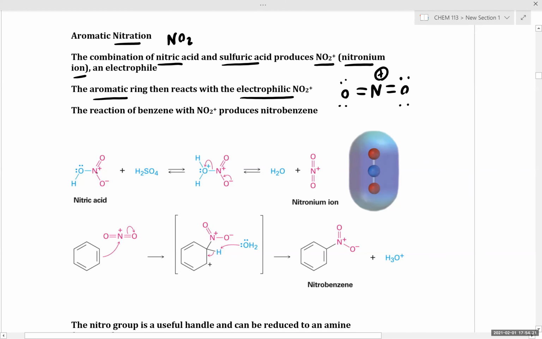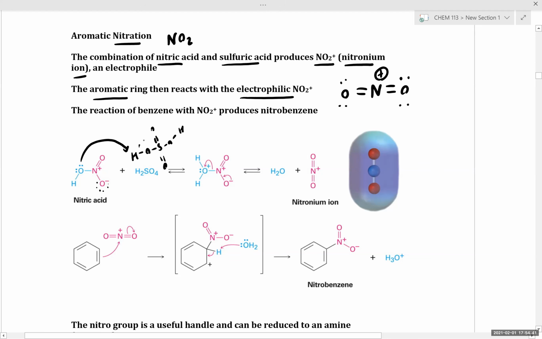To talk about this first step where we're generating our electrophile, nitric acid is first protonated. Let me draw out sulfuric acid a little bit.